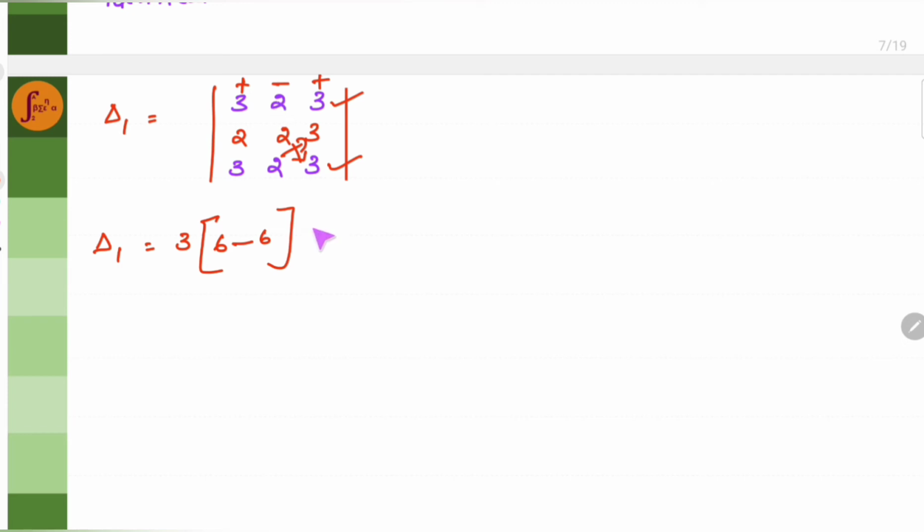We'll take the second element. The second element is minus, because of this, minus 2 into, you have 2 into 3, 6, minus 3 into 3 is 9. Then we'll take the third element, which is plus 3 into 2 into 2, 4, minus 3 into 2, 6.